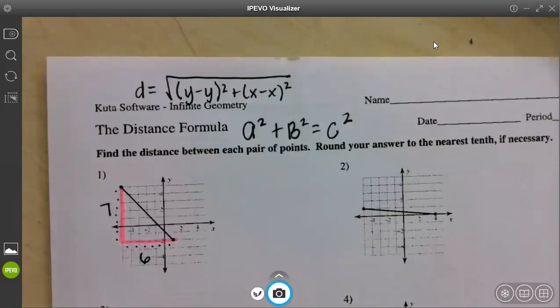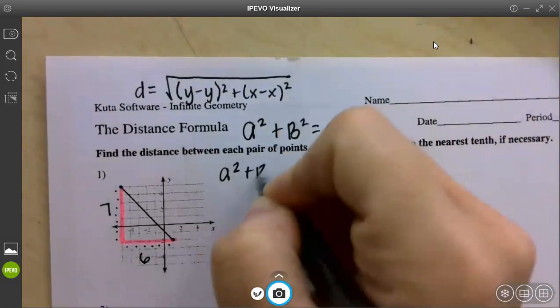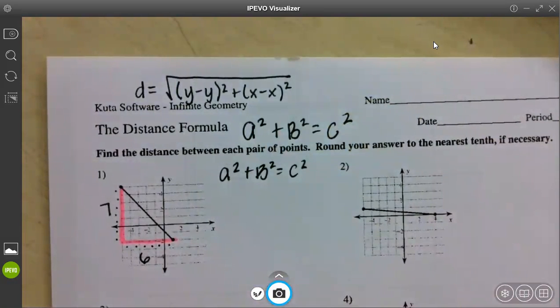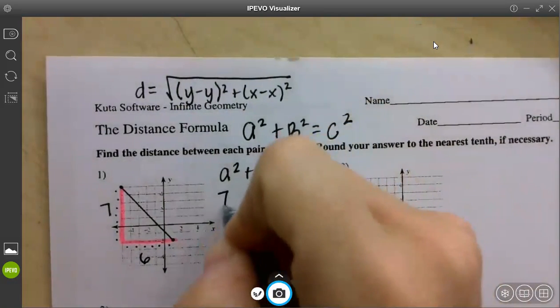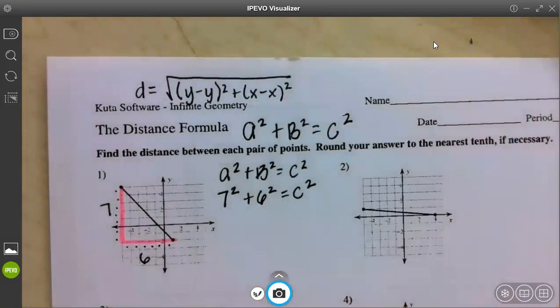And that's your A and your B. Okay. Does not matter which order you put it in at all. So I'm going to put my 7 first and my 6 second. Again, it does not matter.